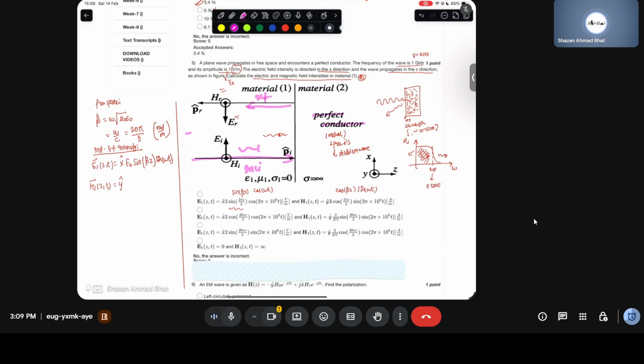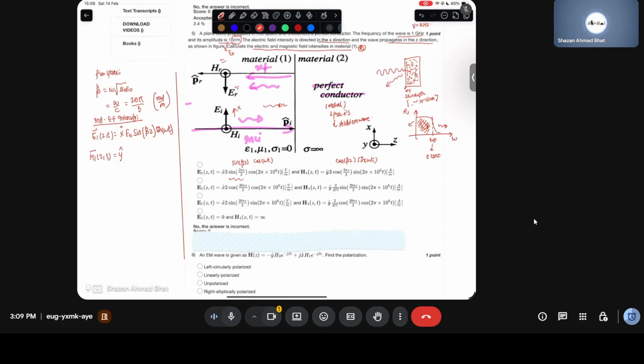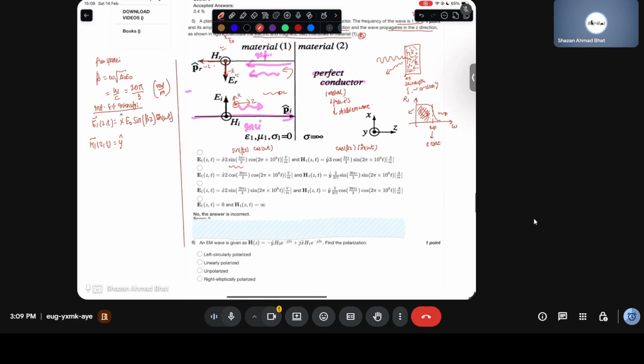This is the x direction, this is the z direction, and the magnetic field is along the y direction, as per this picture. That's why we are writing equations like this. When it gets reflected, the electric field goes into the minus x direction, the magnetic field is in the same direction, and the propagation direction goes in the minus z direction once it is reflected from here. That is the exact scenario given.